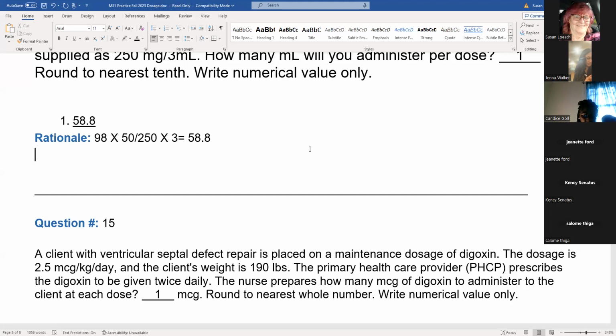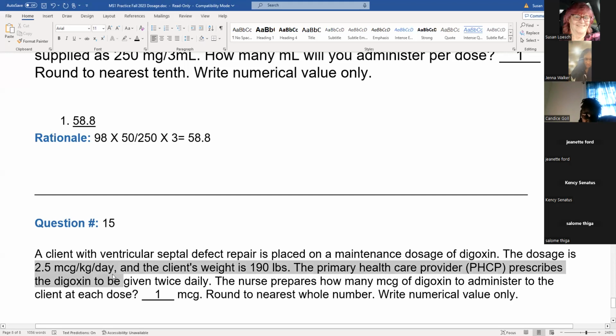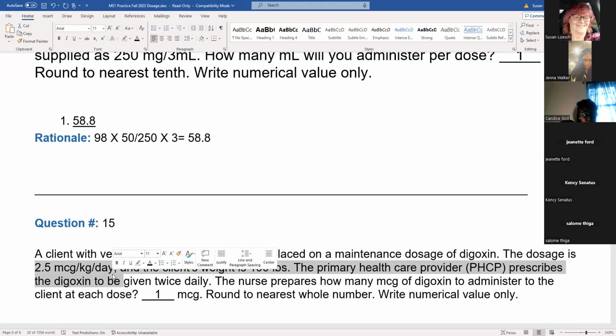Now, what else do you notice in here? Because this is something we were talking about earlier. Look at the order here. It says 2.5 micrograms per kilogram per what? Day, yeah. And you're giving it twice daily. So whatever you calculate here is a daily dose. When you take that times that 190, that 215.90 you got, that is a daily dose.